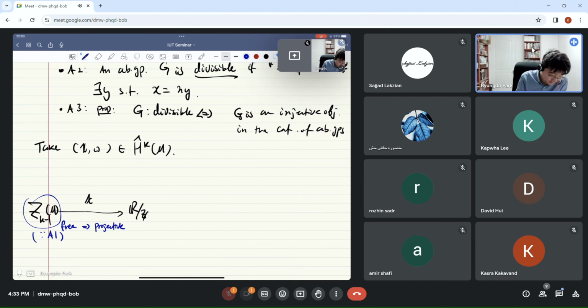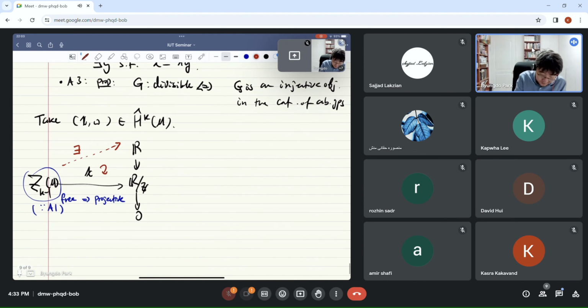So what is good if this is projective? Well, if we have a surjection, let's say R going into R mod C, then there exists a lift such that this commutes. This red dotted arrow exists because the module is projective.